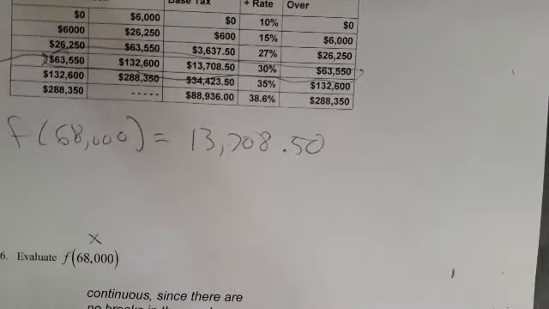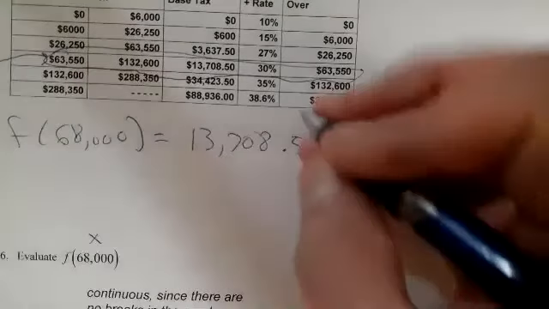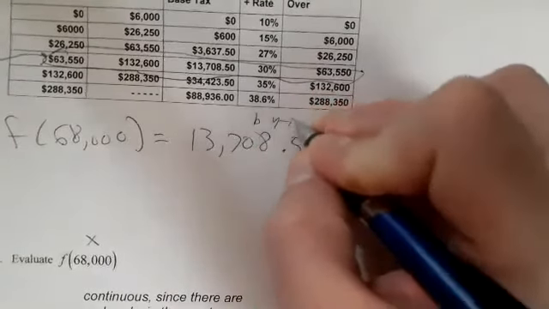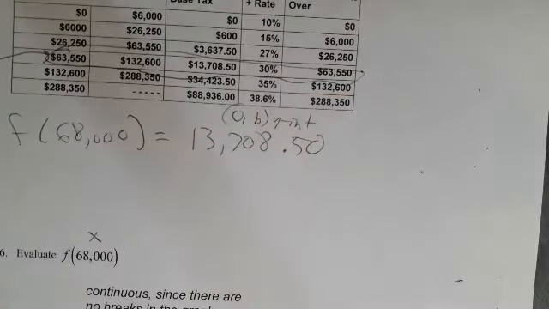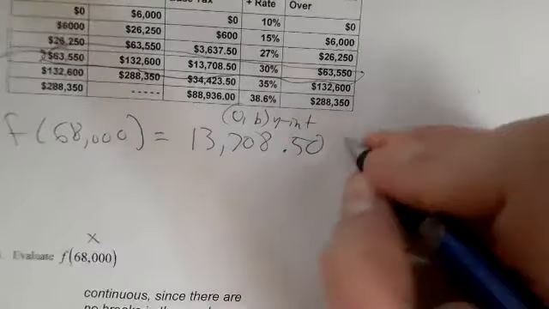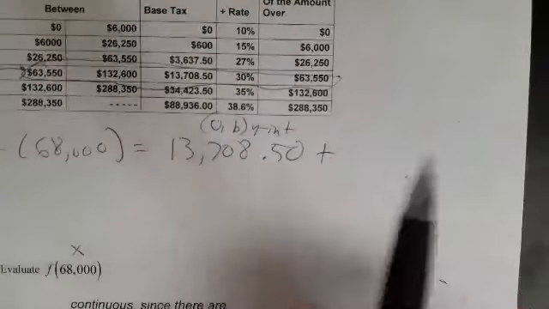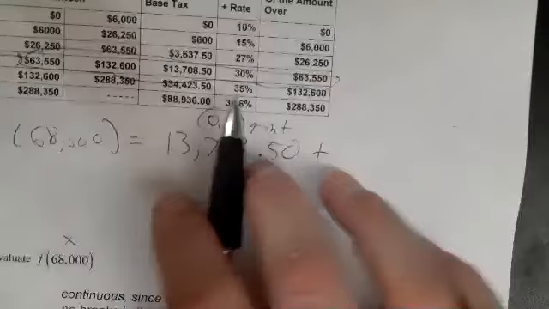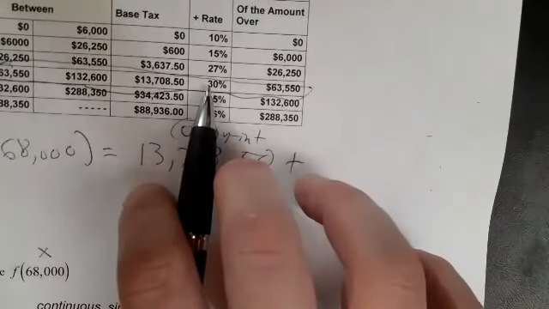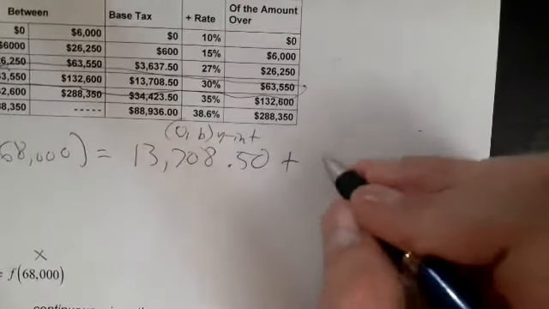So this is a base rate. So this is sort of like my B, my y-intercept, right? We're going to start out at that rate. For that I need a slope and an x value. So my slope here is kind of like my rate. So my rate here is going to be 30%.